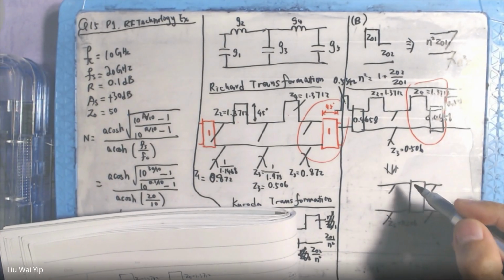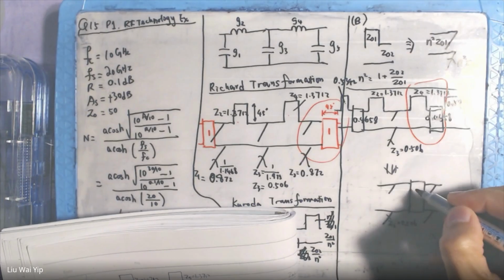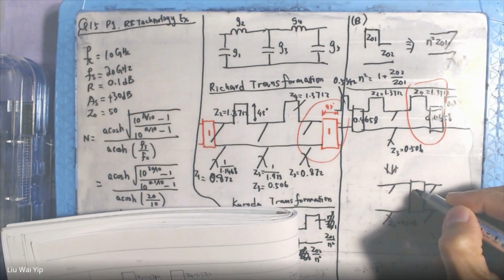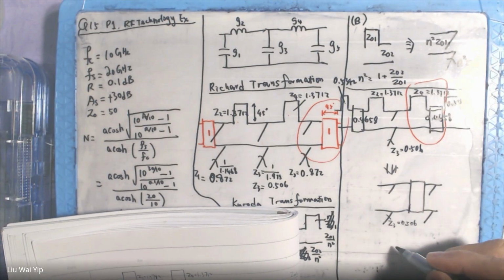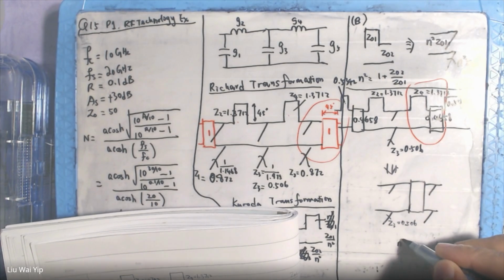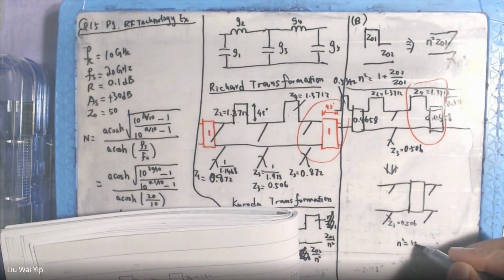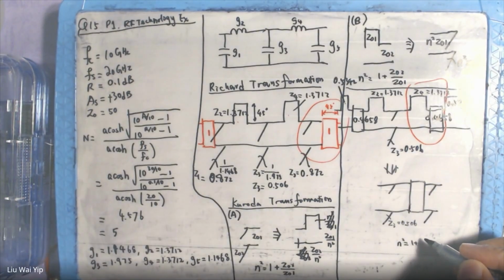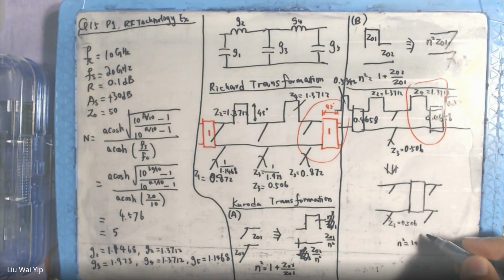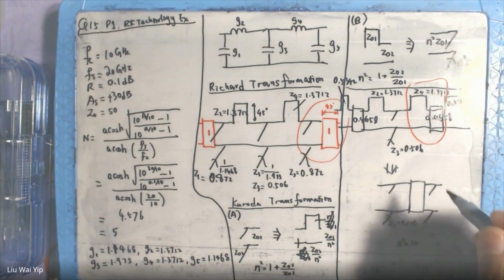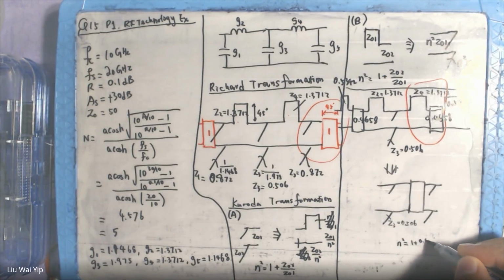And from what I can get here, n square is equal to 1 plus 0.4658 divided by 1.3712.